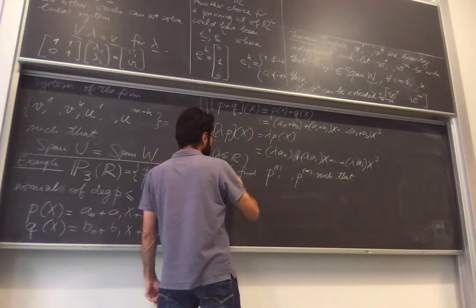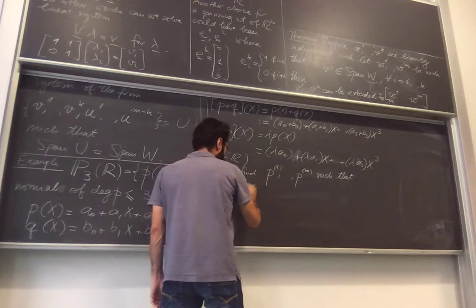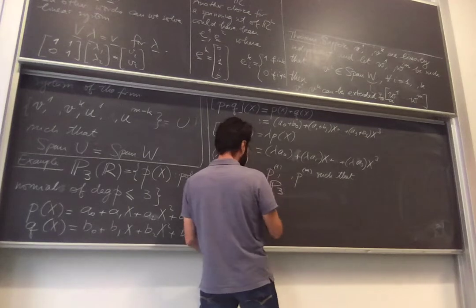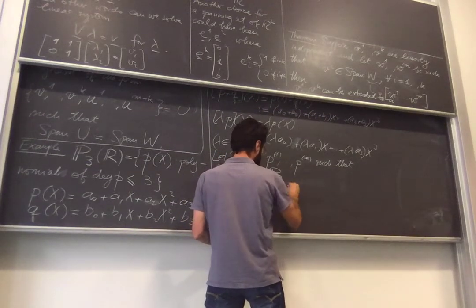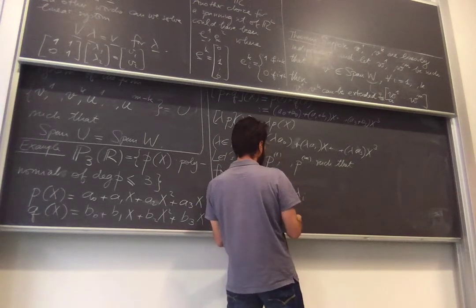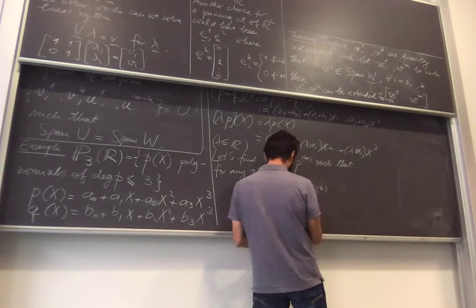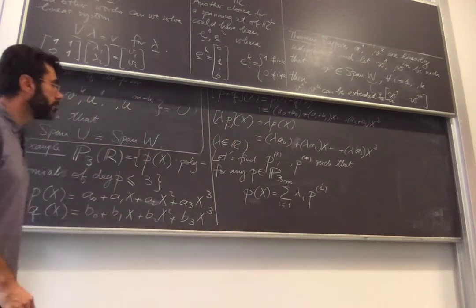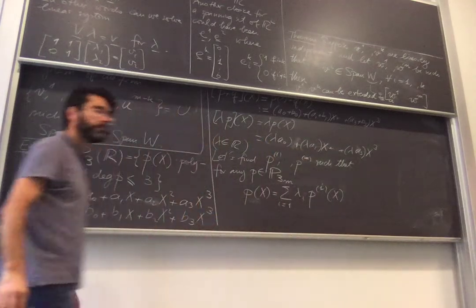We have to find that for any polynomial p in P3, we may write p(x) as some combination, the sum of lambda i times Pi(x), for i going from 1 to n.